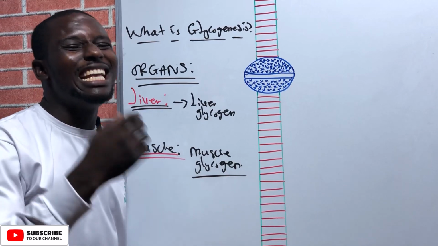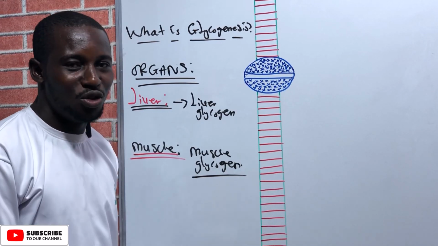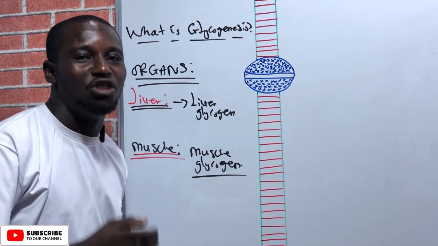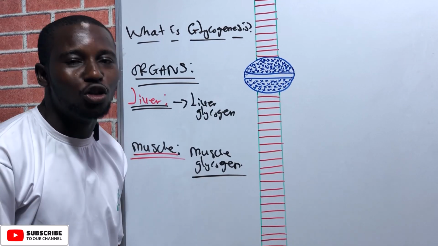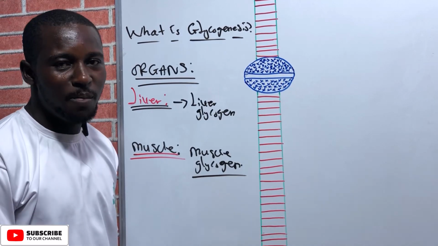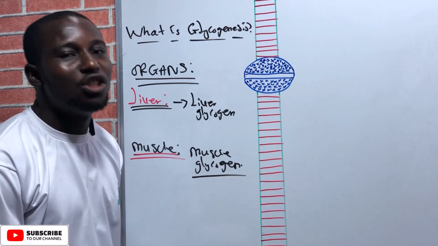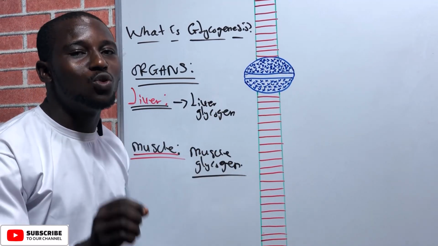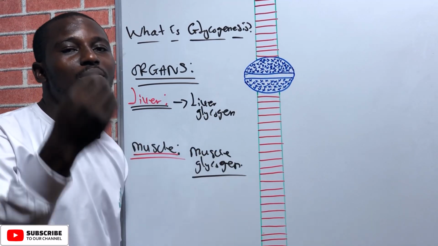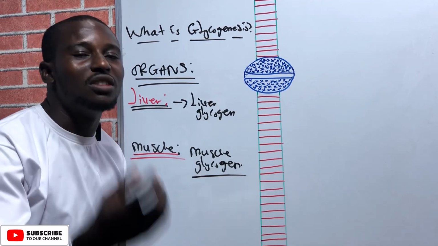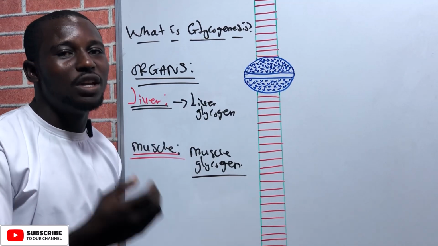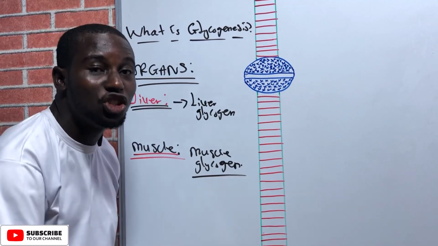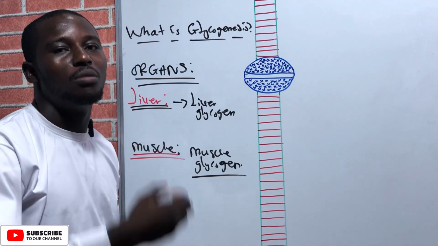Because there is an enzyme that the muscle lacks during glycogenolysis. That enzyme is called glucose-6-phosphatase. The muscle does not have it. That is why the liver, which has that enzyme, tends to replenish the blood glucose level during glycogenolysis, that is mobilization of glucose from glycogen.